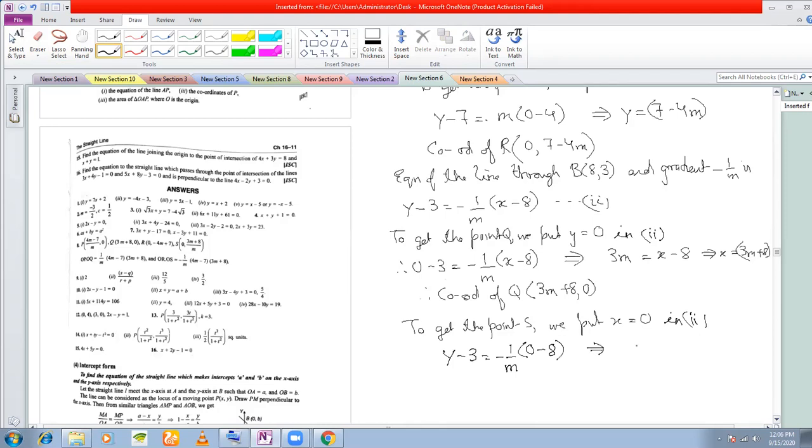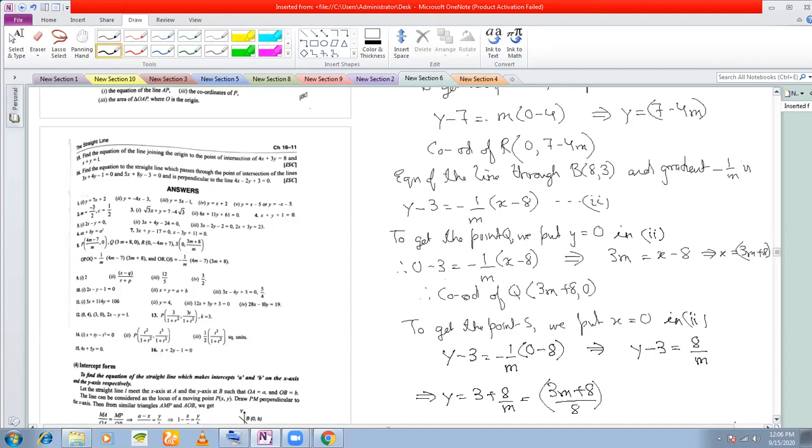That means y minus 3 is equal to 8 by m. That means y is 3 plus 8 by m, which can also be written as (3m plus 8) by m.